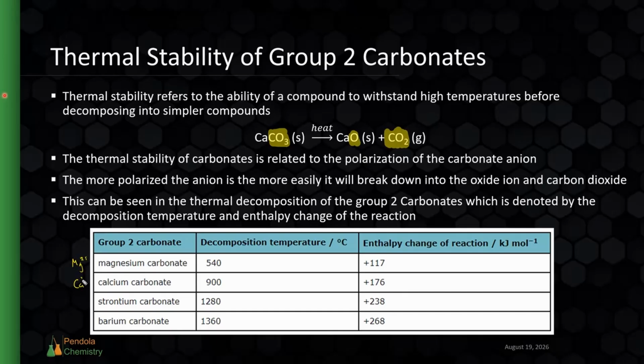Calcium is Ca2+. Strontium is Sr2+. And barium is Ba2+. With the anions being the same, all carbonate, we're looking at the cations, but the cations all have the same charge. Meaning there's only one thing that affects their polarizing power, and that is size. They get bigger as we go down the group, meaning that their polarizing power goes down.